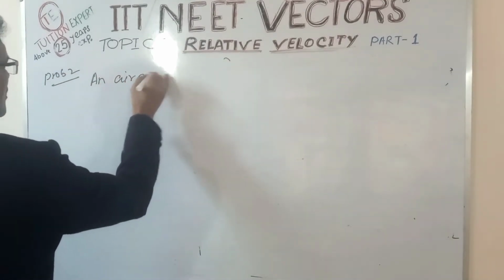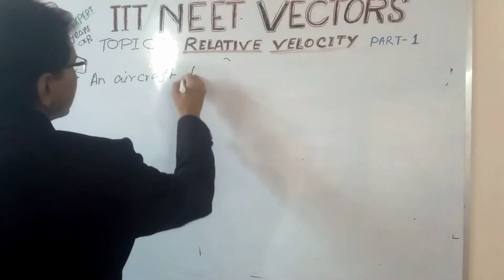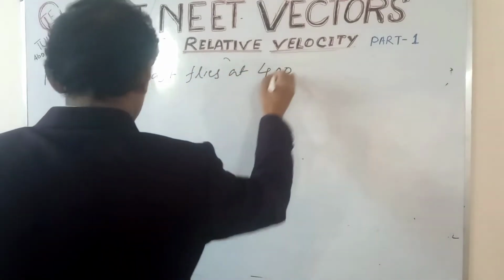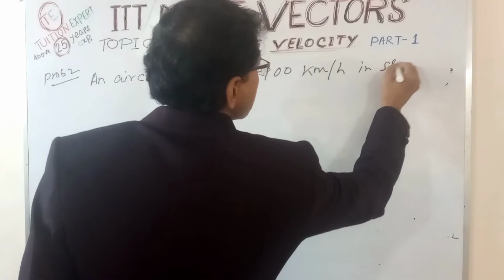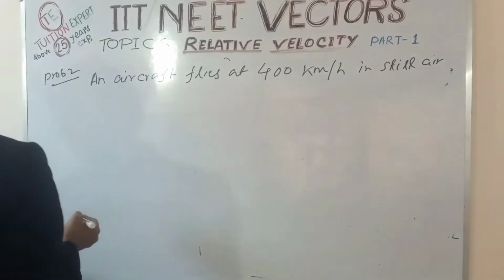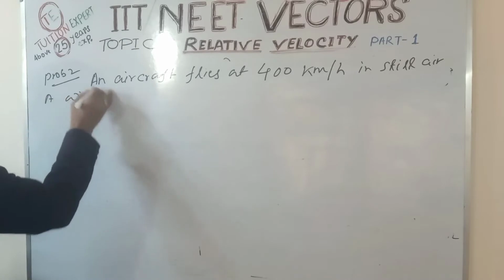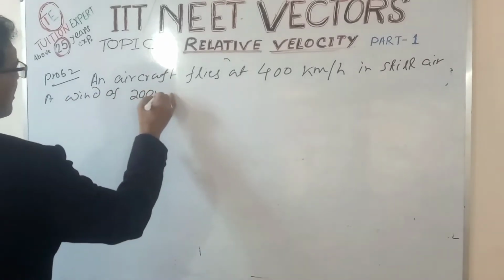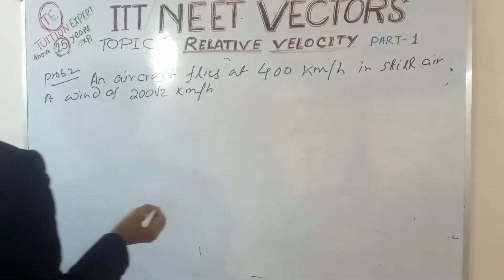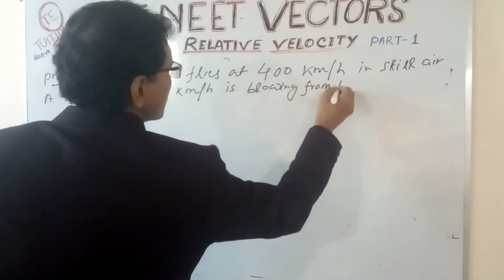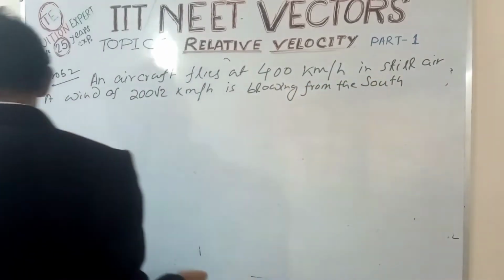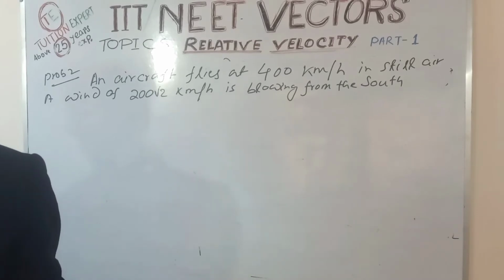An aircraft flies at 400 kilometer per hour in still air. A wind of 200 per hour is blowing from the south, blowing from the south.